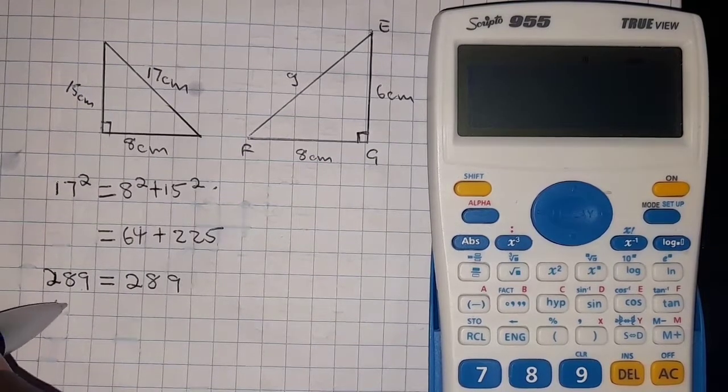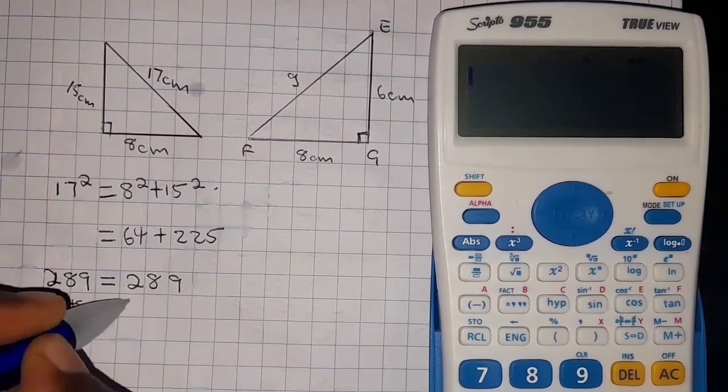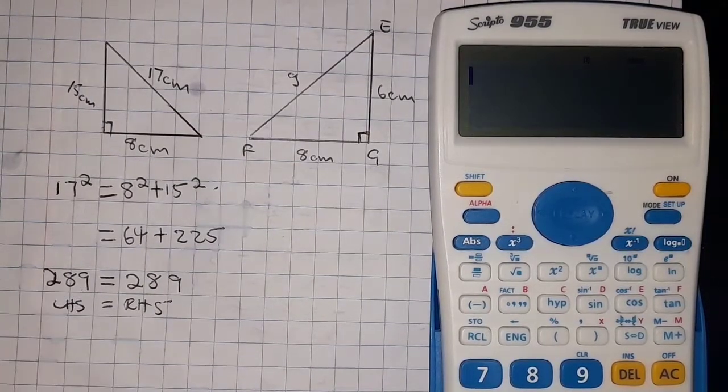So your left hand side is equal to right hand side. So this shows that the triangle is indeed a right angled triangle.